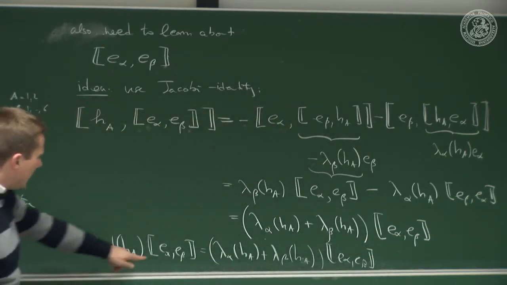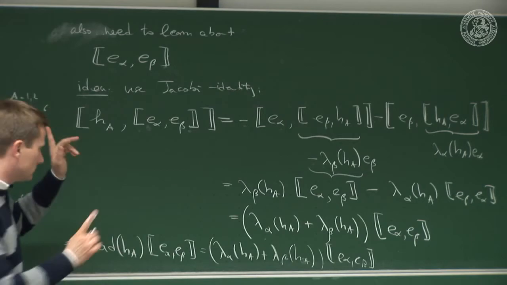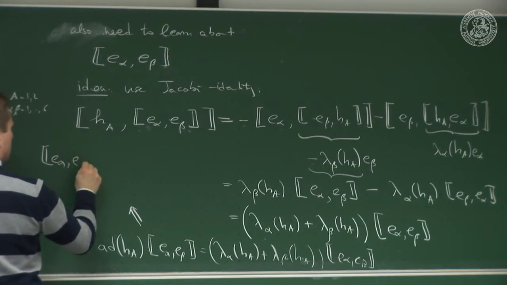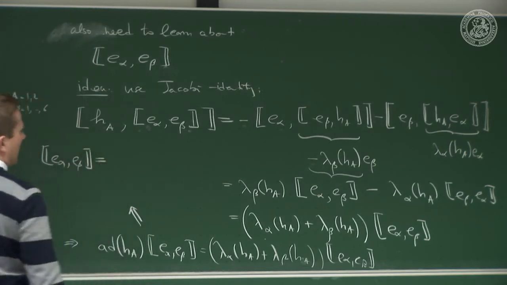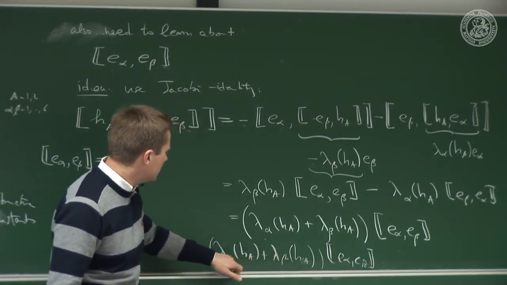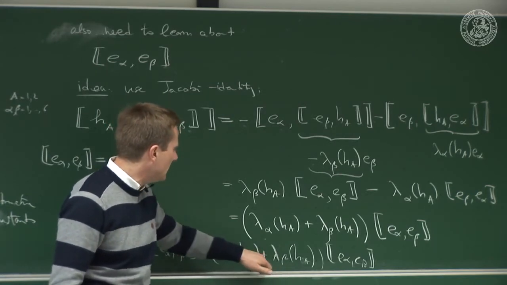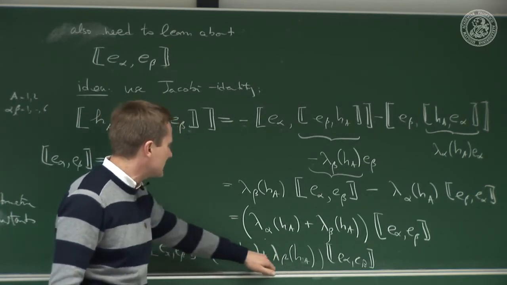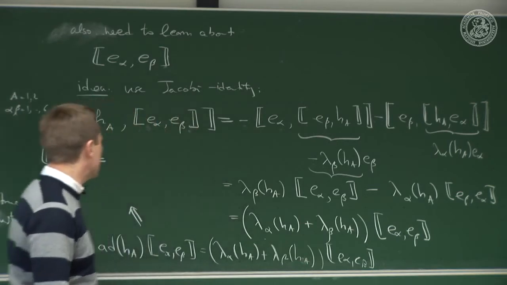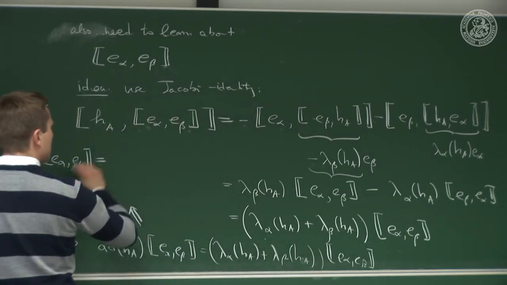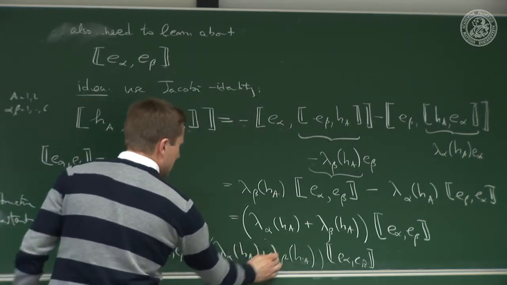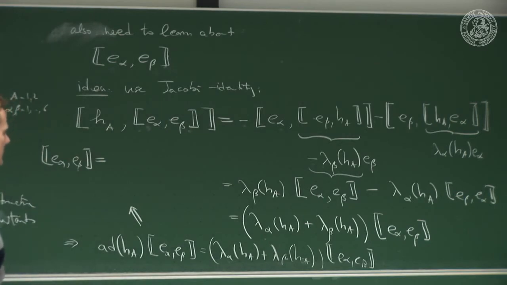That means [E_alpha, E_beta] is also a root. Well, I say it's a root. You could write lambda_alpha plus lambda_beta, take the sum considering them as H star elements, and only after taking the sum in H star, you act on H_A. This can either be a root corresponding to the root lambda_alpha plus lambda_beta, if there is such a root.